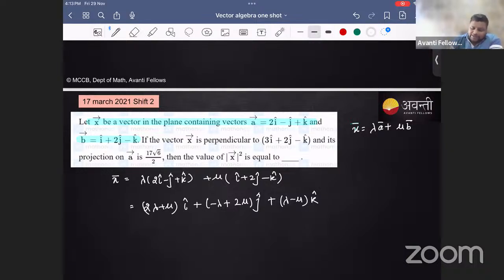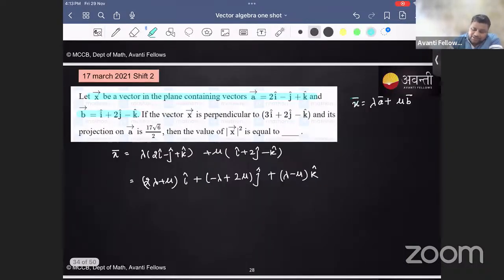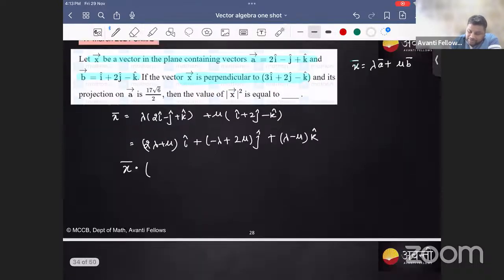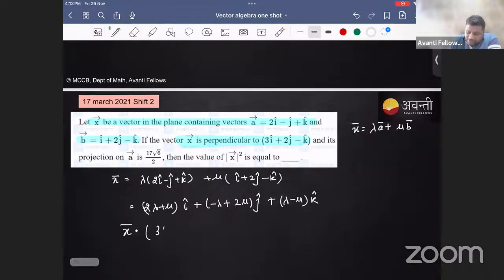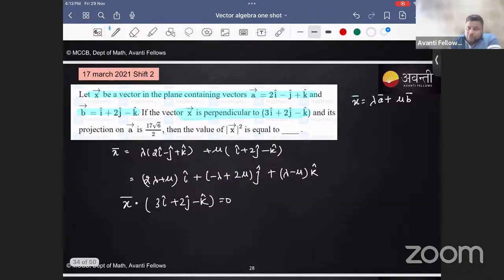Now, the second condition they are providing is that this vector x is perpendicular to this vector. If it is perpendicular, that means vector x dot (3i cap plus 2j cap minus k cap) has to be 0. Now with this relation, you will get an equation in lambda and mu.